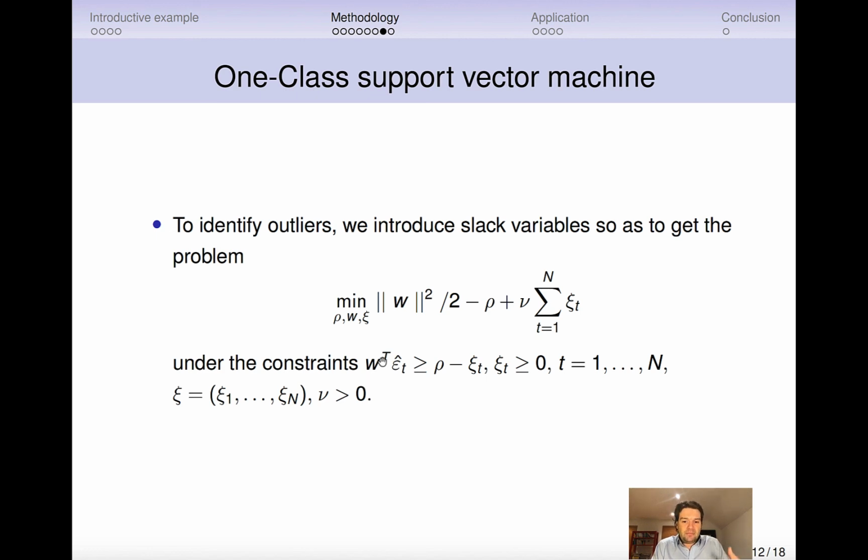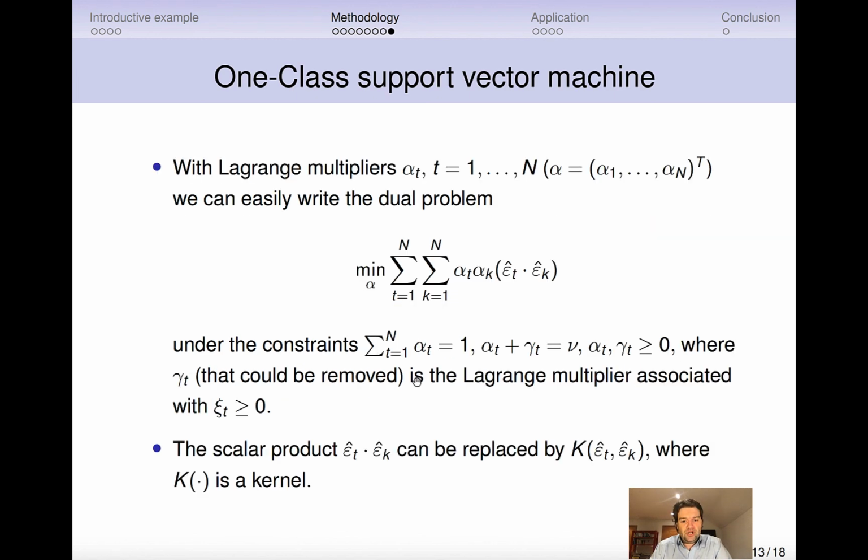That means a constraint which is saturated, where we should have an equality. Therefore, an alpha which is different from 0 is the definition of a support vector in the one-class support vector machine.